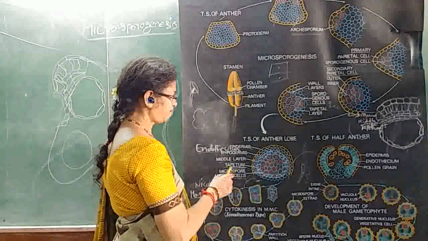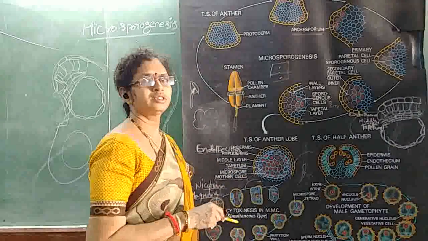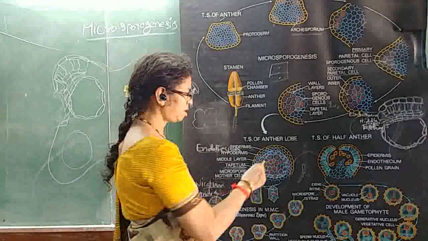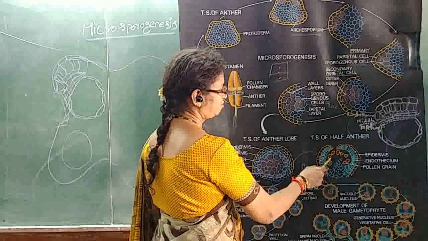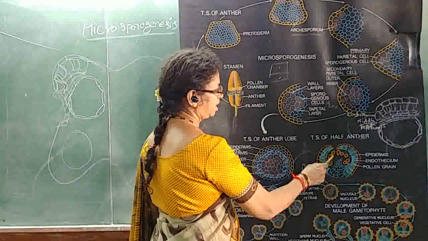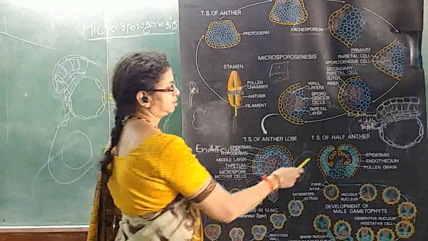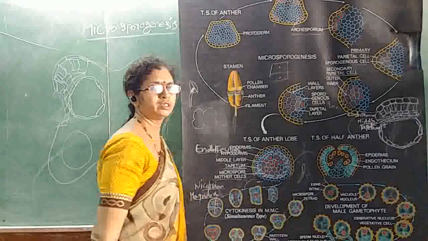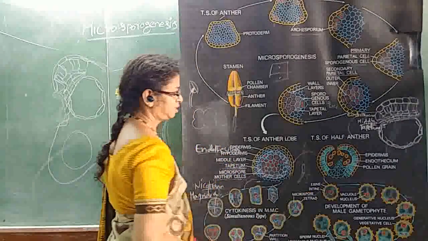In this, the tapetal layer cells break and release amoeboid masses, that is protoplast masses, into the locule, and those protoplast masses fuse and form a layer around the pollen grains, and they give nourishment to the developing pollen grains, and also sometimes help in exine wall formation.